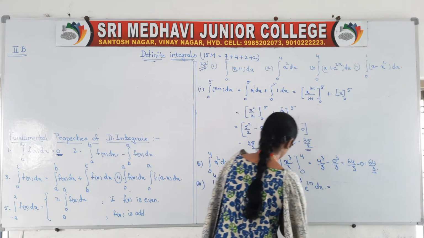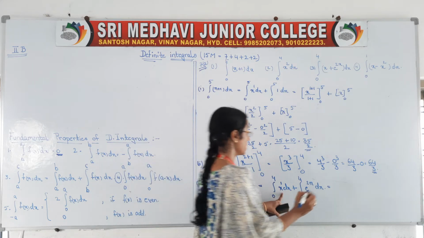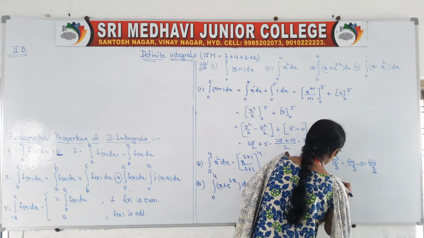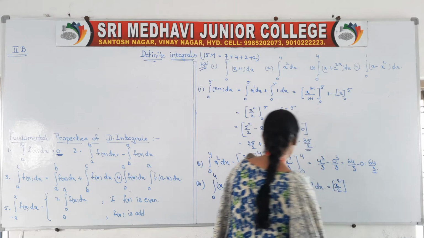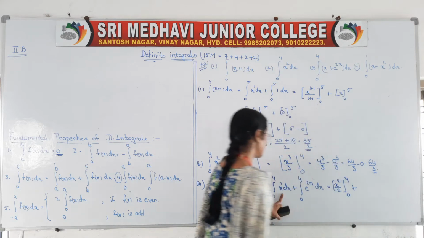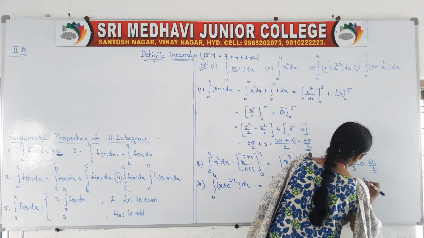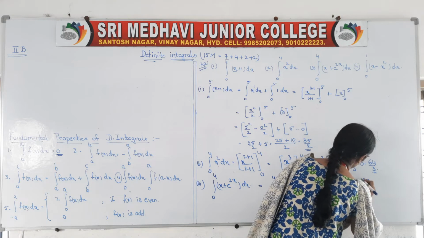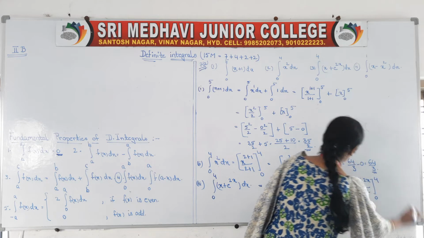Consider this as x to the power of 1. So x to the power of 1 plus 1 by 1 plus 1, that is x square by 2. After applying the formula, we have to take the limits on the right side. Similarly, here we can take e to the power of 2x by 2, with limits 0 to 4.